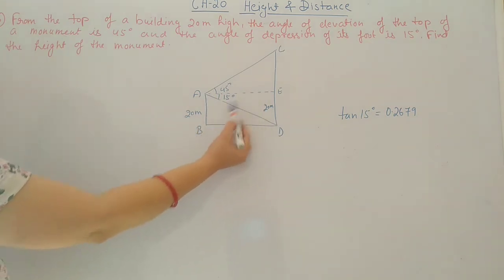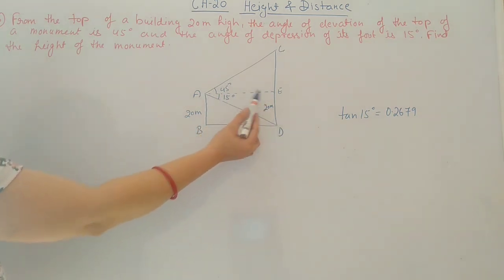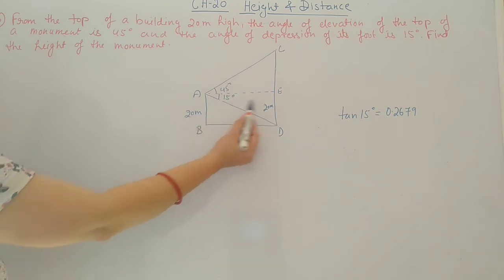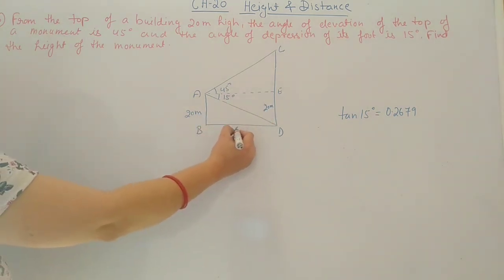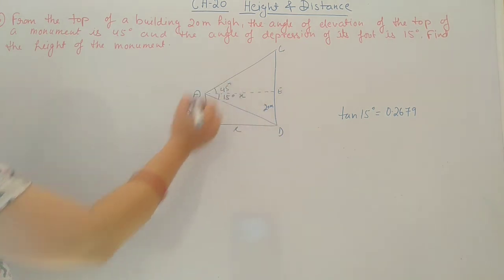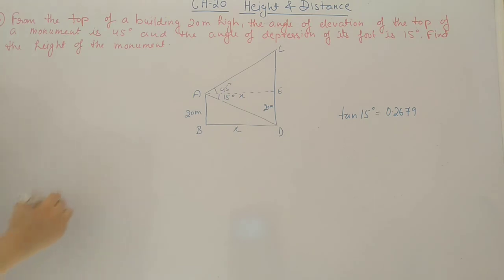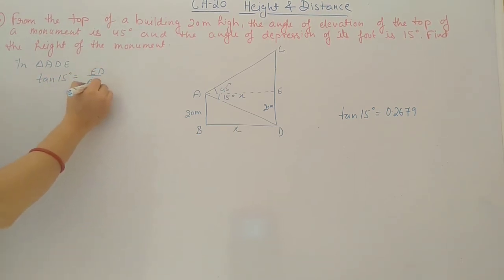Draw a line parallel to BD, AE. This AB is 20, so the opposite side ED also will be 20. And suppose this BD is x, so this one also will be x. Now we have here two right angle triangles. So first we will take triangle ADE. Tan 15 degree is equal to height by base AE.